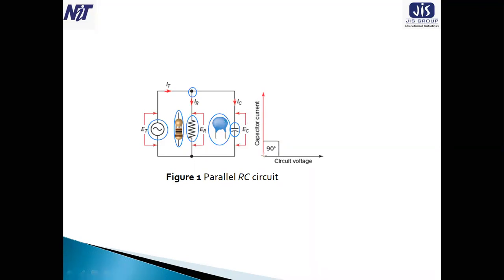If you follow, you can find the capacitive current along the y-axis and the circuit voltage along the x-axis. The current is leading the voltage by an angle of 90 degrees. This is figure number 1, which gives the basic circuit and the basic phasor diagram of a capacitive circuit.